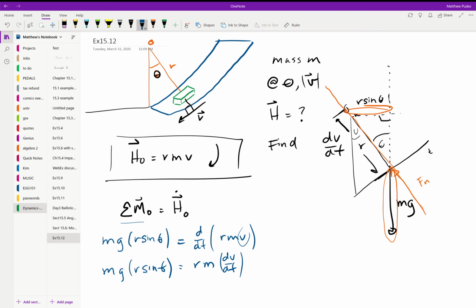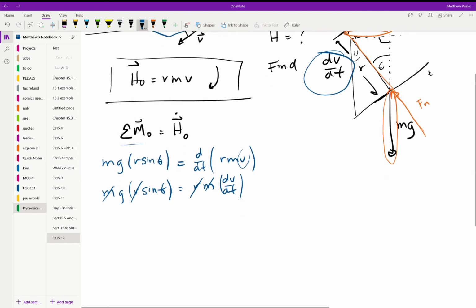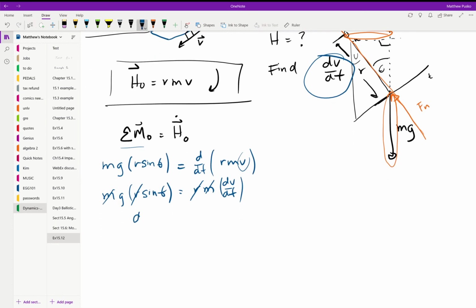I see a common term, let's get rid of it. I see another common term, let's get rid of it. And we're looking for the speed, we're almost there, right? dv dt at that point, or at any theta, is going to just be equal to g sine theta.